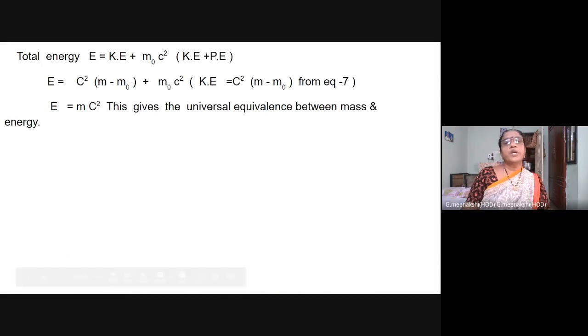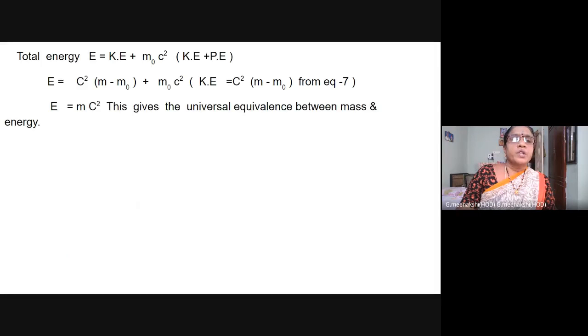Now if we consider the expression for total energy, it is nothing but kinetic energy plus potential energy. Here the potential energy or rest energy is m naught c squared, and the kinetic energy, which we have already got, is K is equal to c squared into m minus m naught.